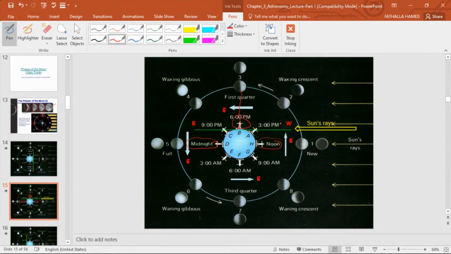So usually when we talk about the first quarter, we say it rises around noon time, it sets around midnight, and it will be at the highest point around sunset.